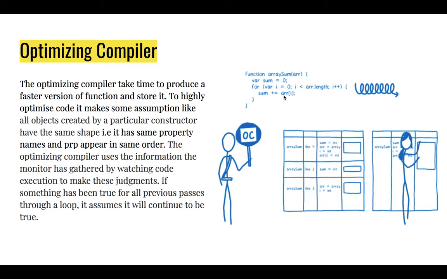It saw that sum was an integer, it saw that array is an array, it saw I was an integer, and array I was an integer.